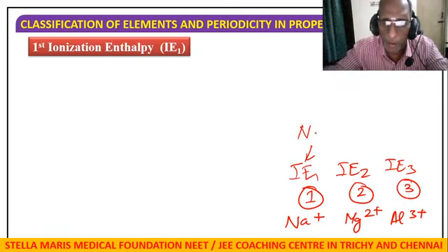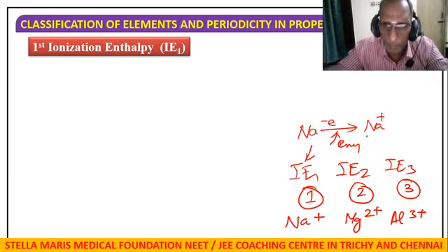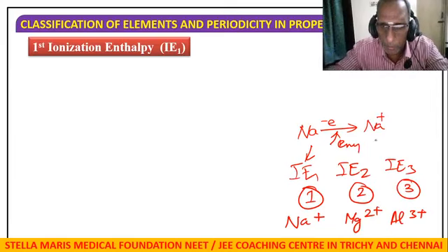For example, let us consider sodium atom. You have removed one electron by supplying some energy. It has become positively charged sodium. Now the number of charges: 11 protons are there, only 10 electrons are there. So there is a competition.